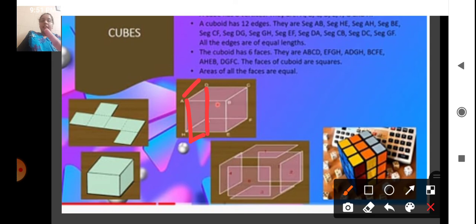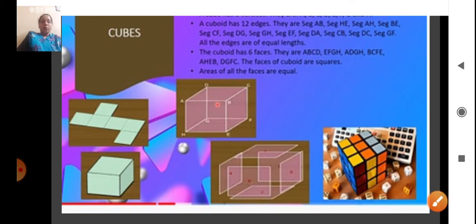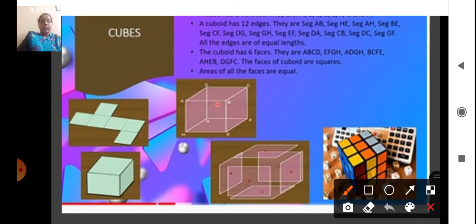So we have seen 3 faces of the cube, that is A, B, C, D, E, F, G, H, and A, D, G, H. Now let us see 3 more. BCFE, this side one. This is the fourth face of a cube. Next one is AHEB.